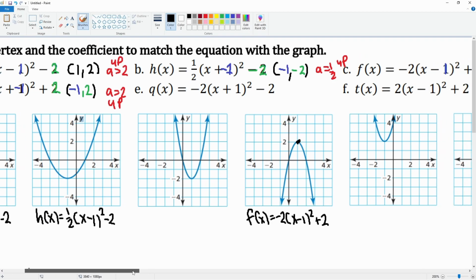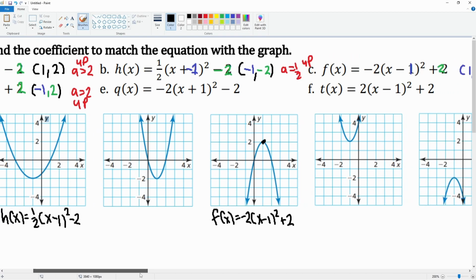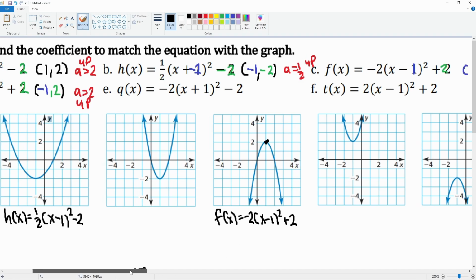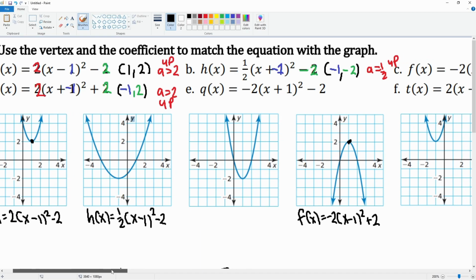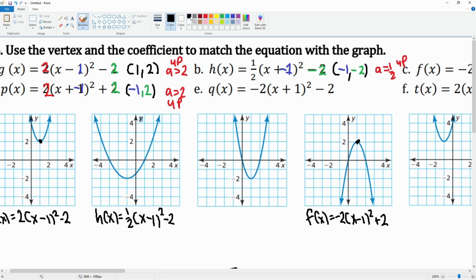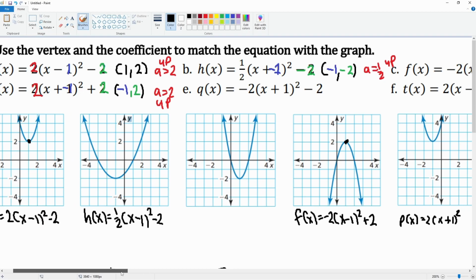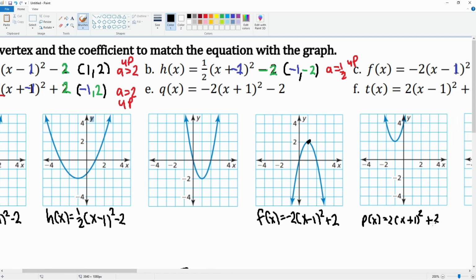It would be this one, and it opens upwards. So that would be our p of x. P of x is equal to 2 (x plus 1) squared plus 2.